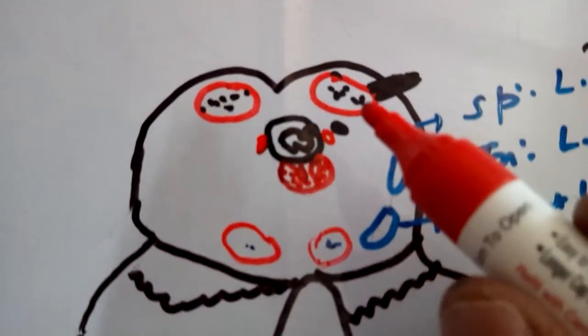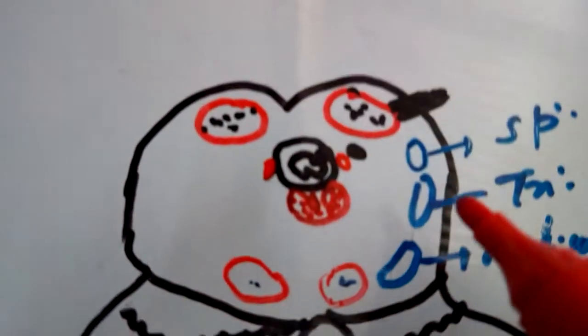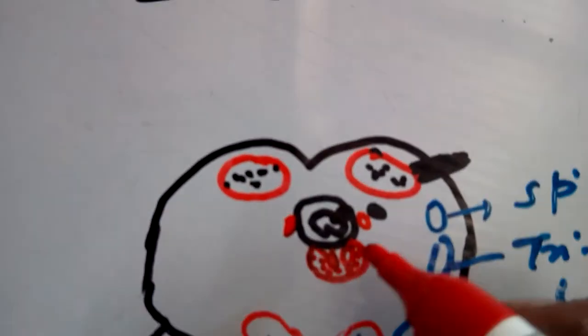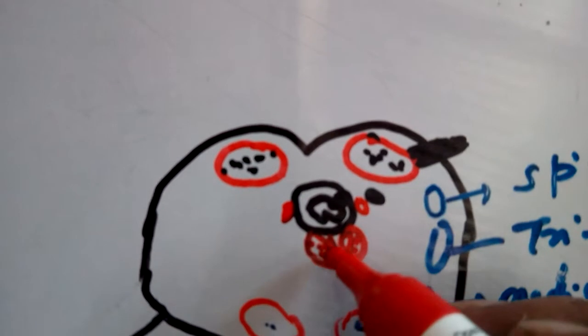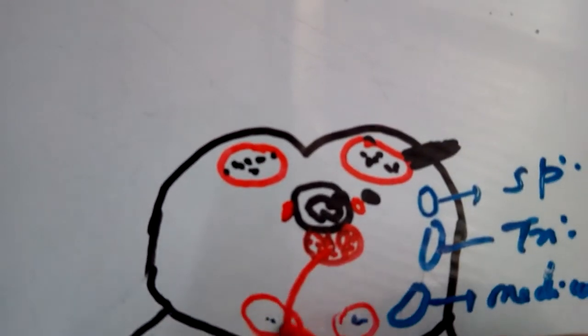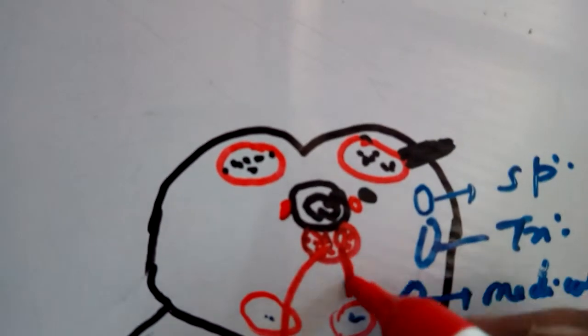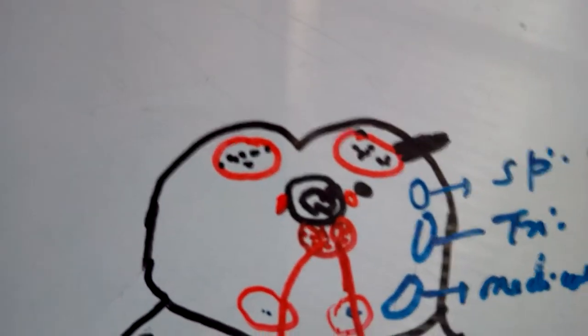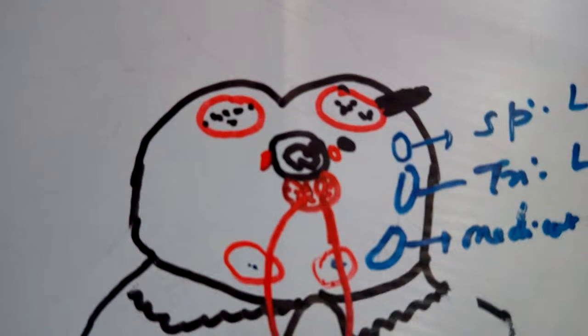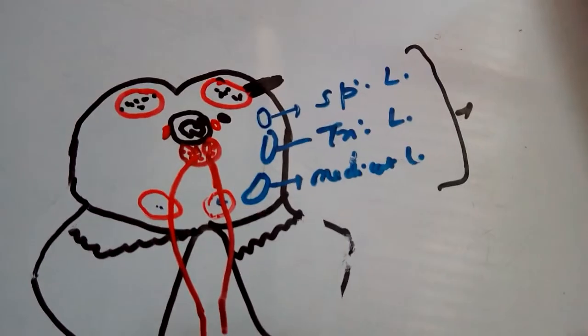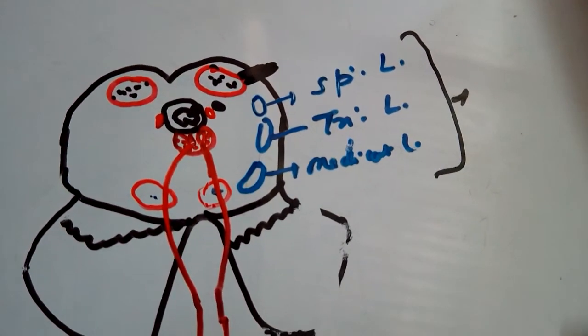These are the nuclei of the third cranial nerve, the oculomotor nerve. The nerve comes from the midbrain anteromedially, bisecting the red nucleus and substantia nigra. This is the third cranial nerve.